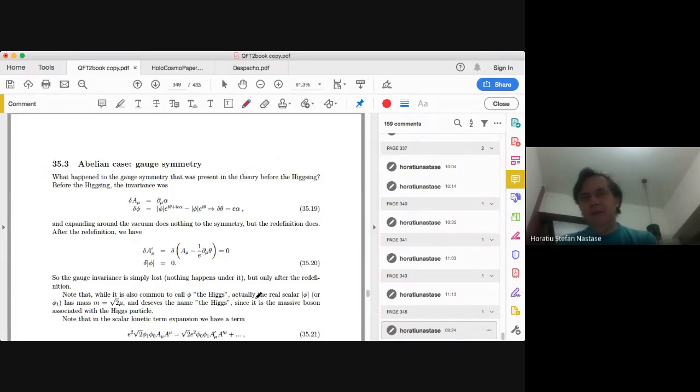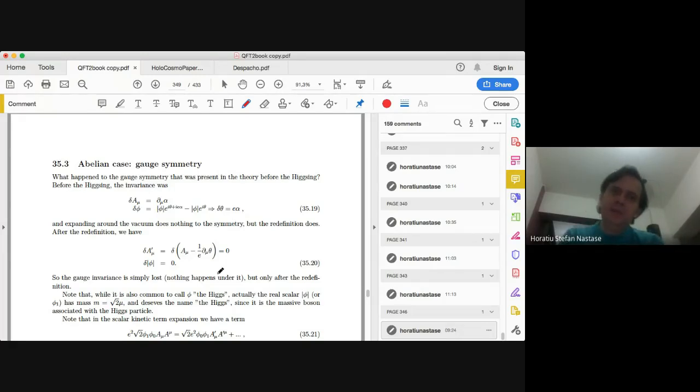All right. Well, so one thing you might ask now is, what about the gauge symmetry? So you have a theory that has a gauge symmetry, a local symmetry, and then that symmetry is broken in the vacuum. So what happened to the gauge symmetry?